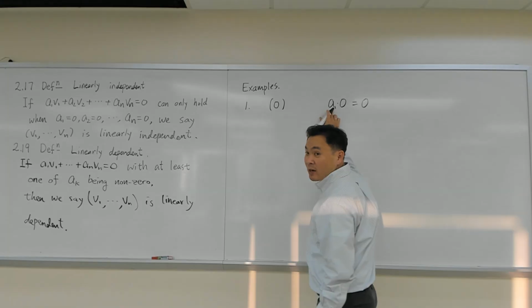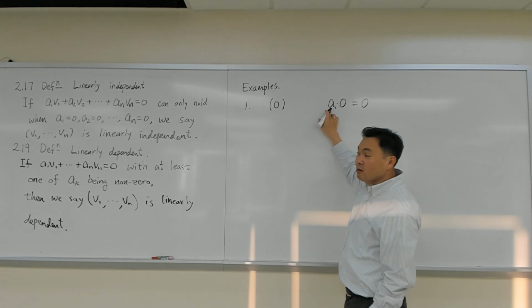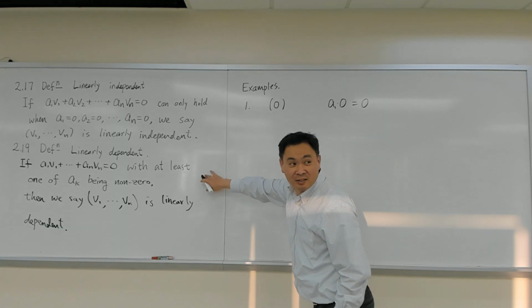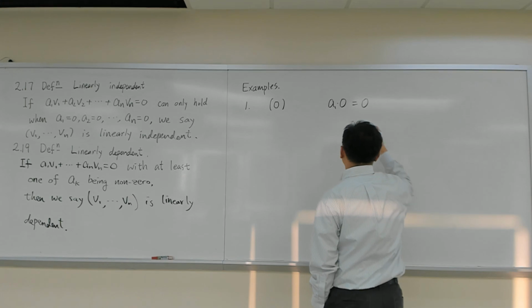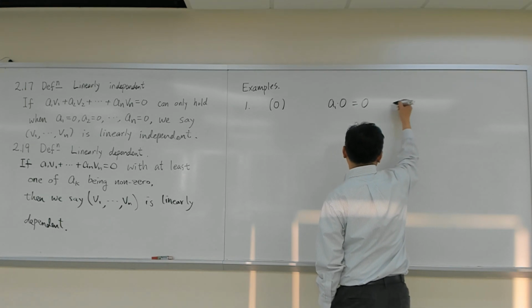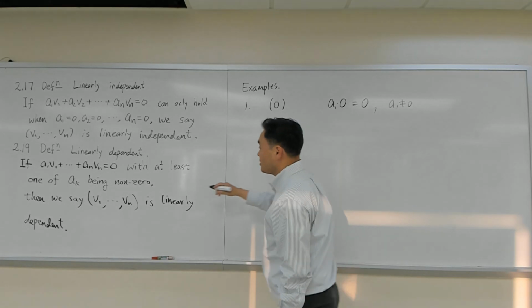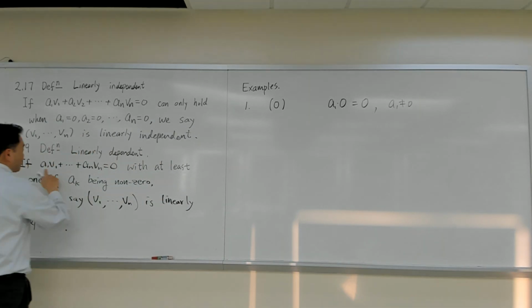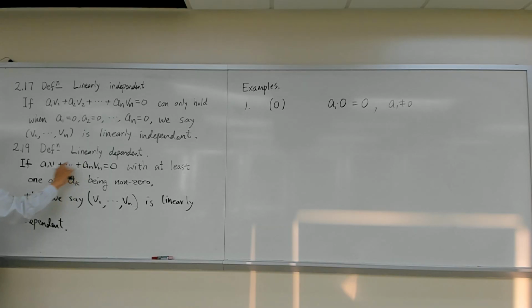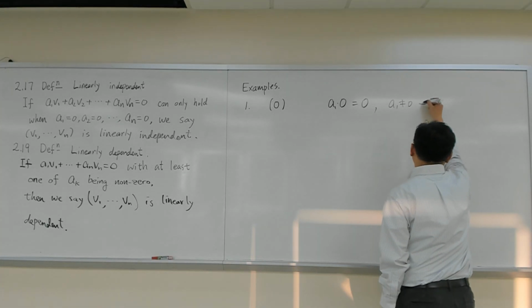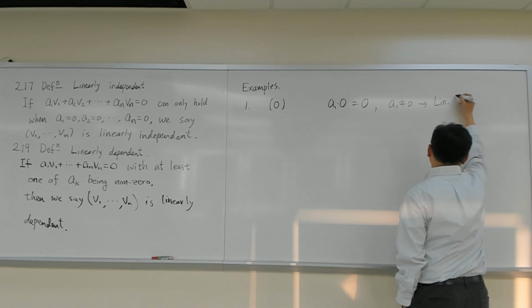Does this a1 have to be 0? No. So which is it? Dependent. Since you can choose a1 to be non-zero, you have this case where you don't have a sum, you just have a single thing, and that's equal to 0. So this is linearly dependent.